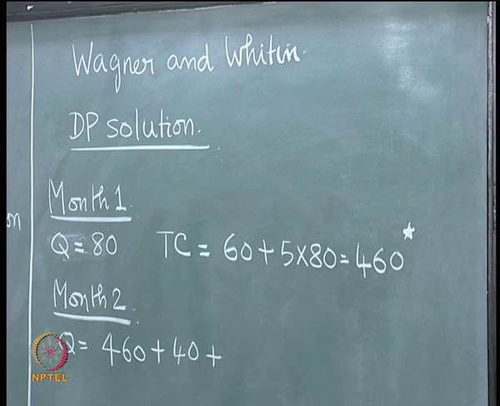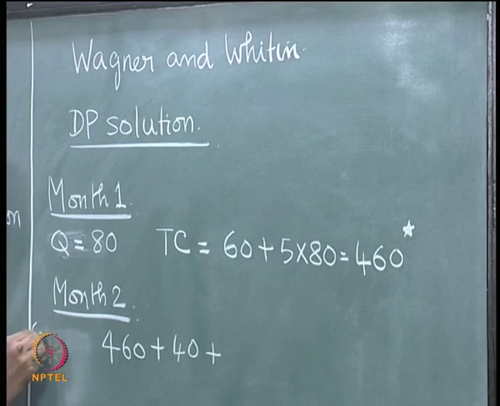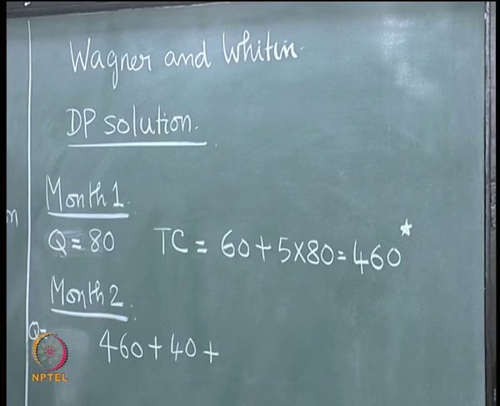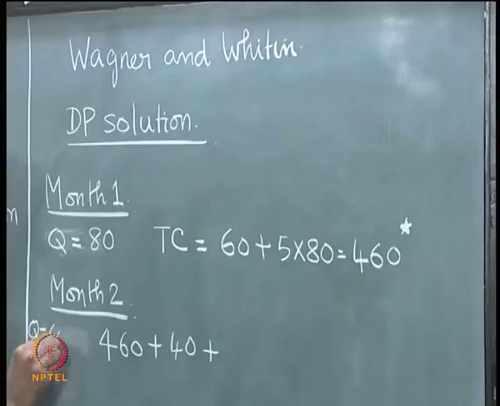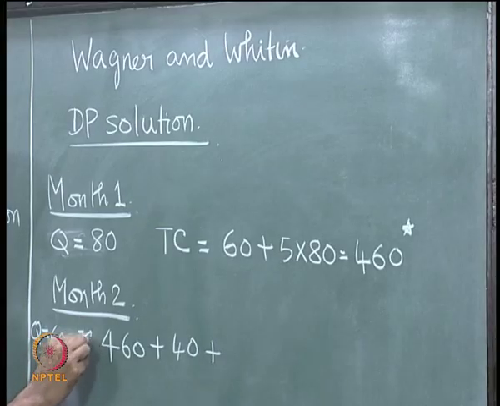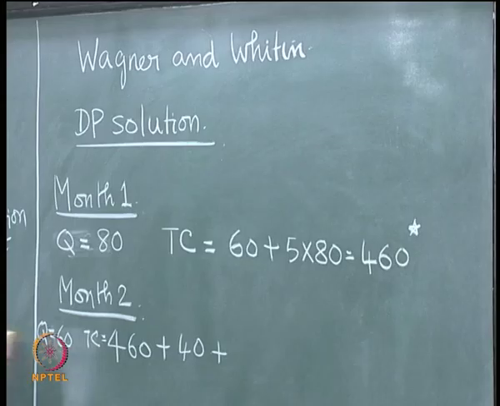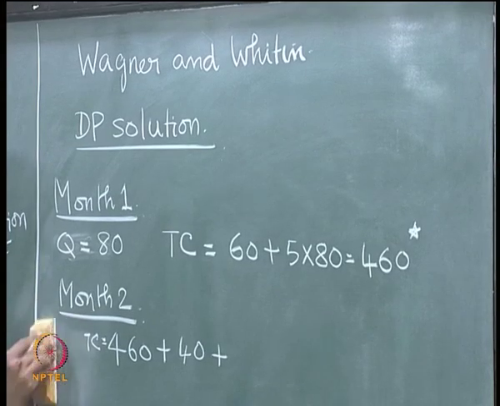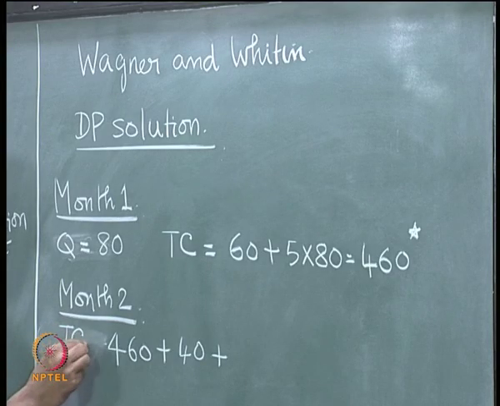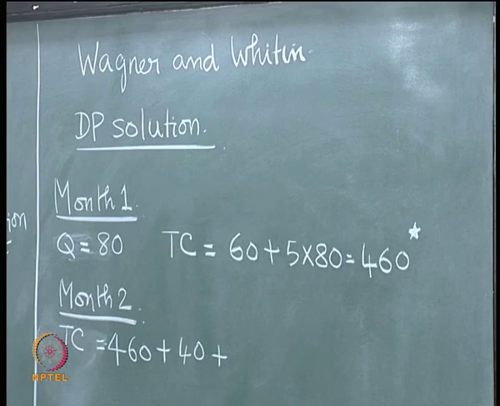plus production quantity Q equal to 60. In fact, we do not even write this Q equal to, we just write TC, total cost, which is the total cost of meeting the second month's demand as well as the first month's demand, 2 months demand.